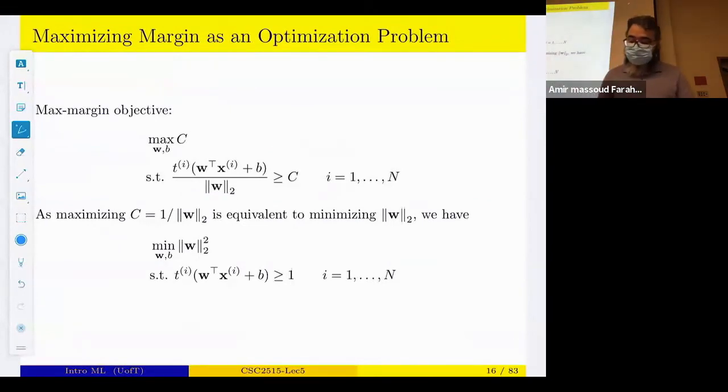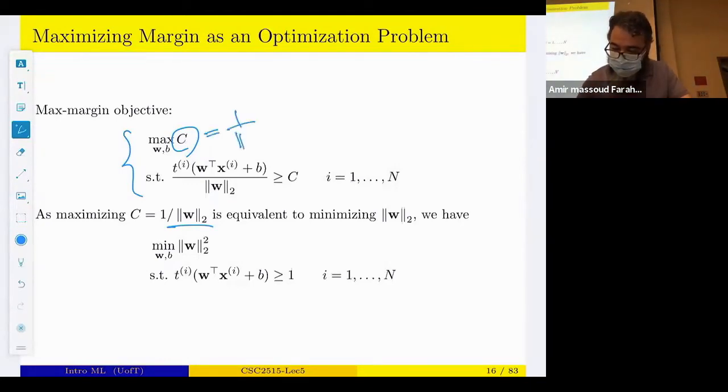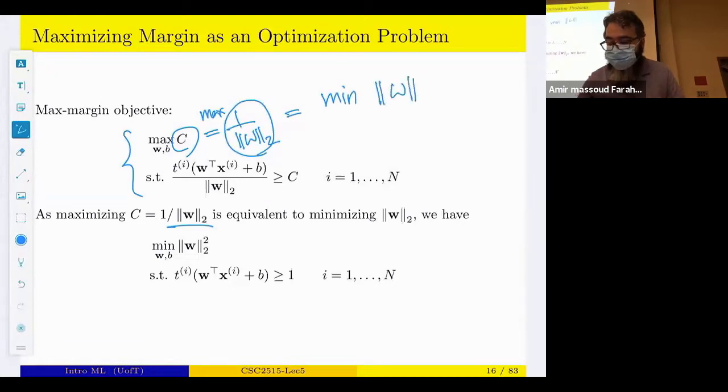So what we did is we started from this max margin objective, which has a C, and then we said that we could choose C to be equal to 1 over the norm of W. Maximizing this term, 1 over the norm of W, is equivalent to minimizing the norm of W with the same constraint.